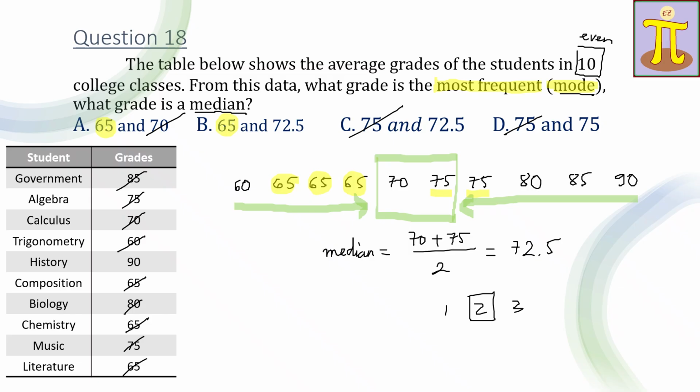But if you have 1, 2, 3, and 4, the middle is between 2 and 3. So you find 2 and 3 divided by half, that's 2.5. We find the average between those 2 middle numbers. So B is the correct answer.